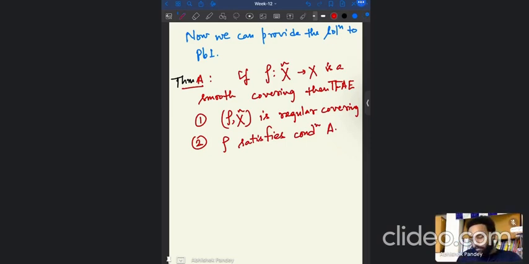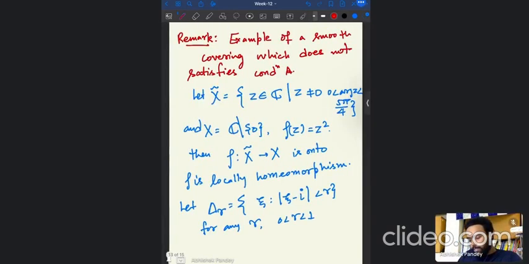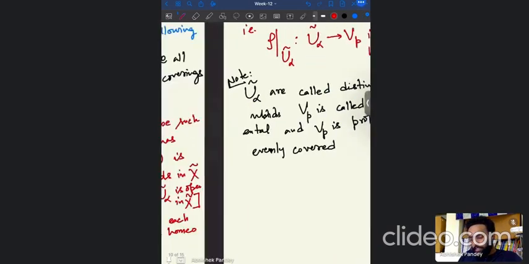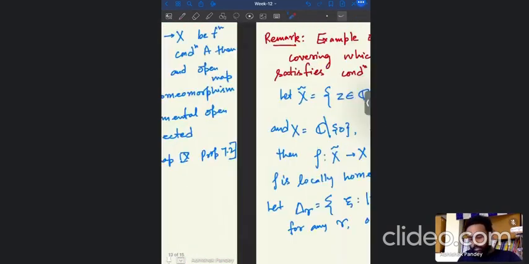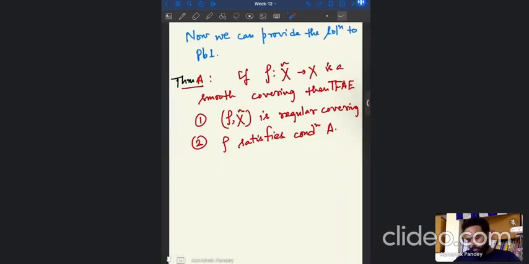If rho satisfies condition A, you always have the lifting, and if you have the lifting, rho will satisfy this property.